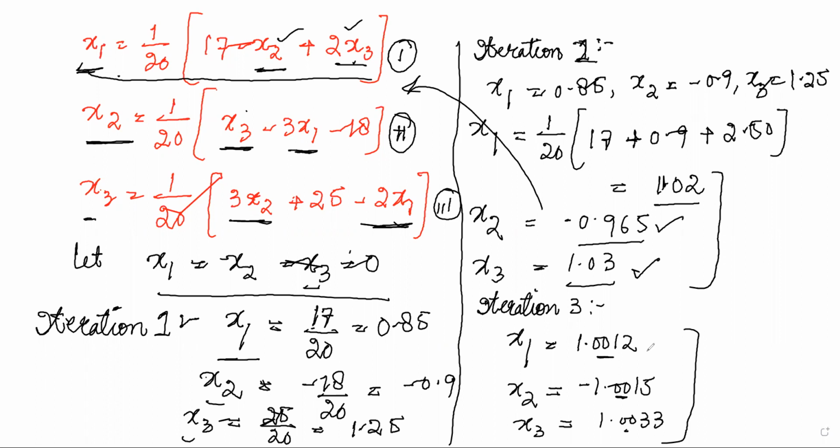In iteration number 4, we will go with these values of x1, x2, and x3. I will directly write the values because this is quite simple now.